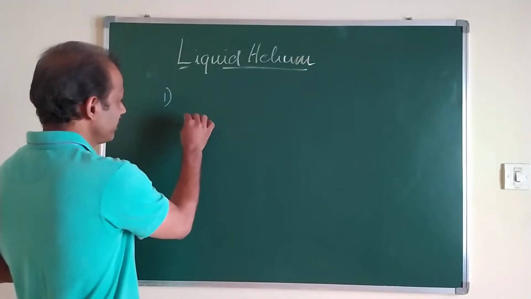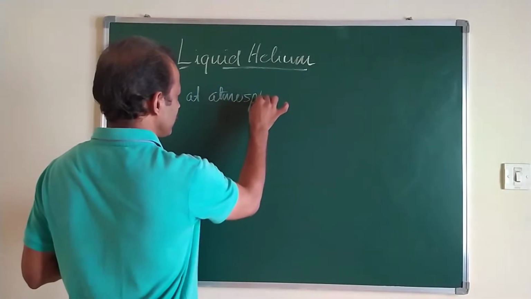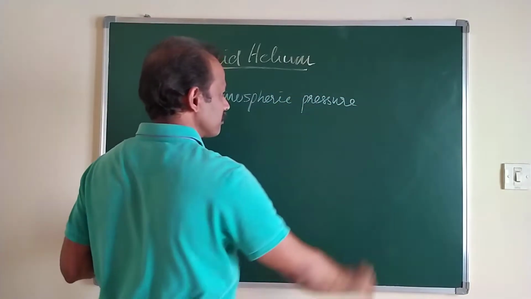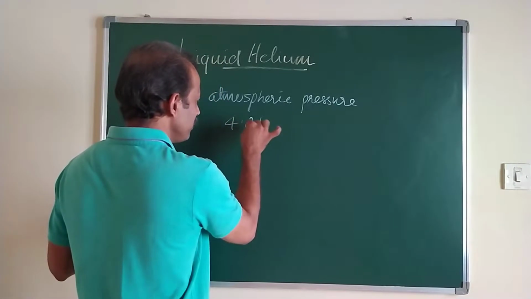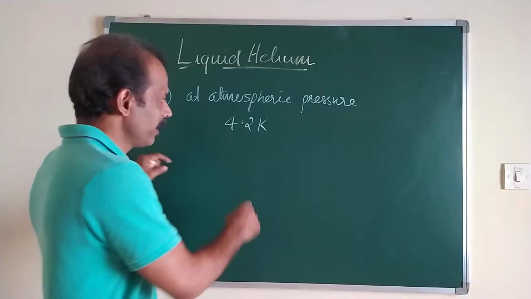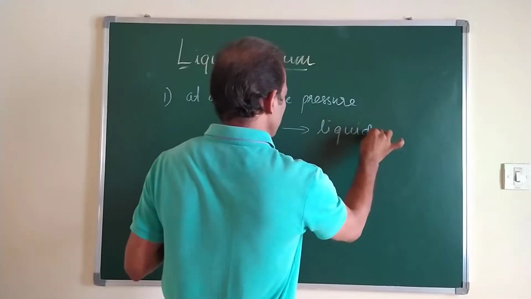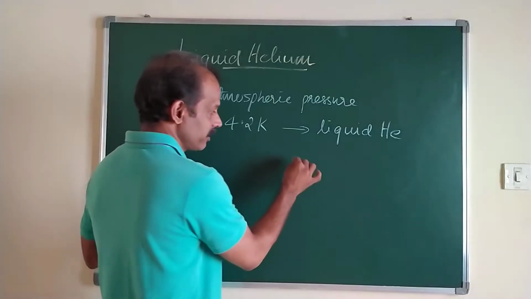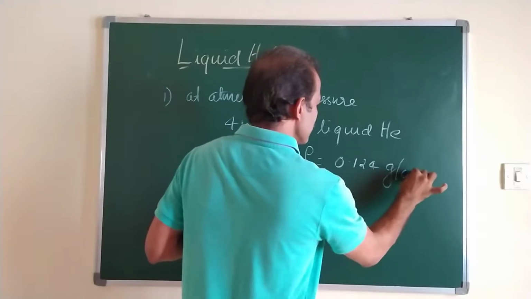That is, at atmospheric pressure, helium condenses at 4.2 Kelvin, which is the boiling point of helium, to liquid helium with a low density, a density of 0.124 gram per centimeter cube.